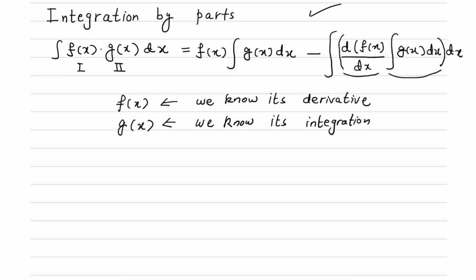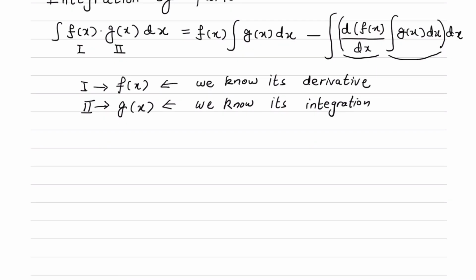So again, we are always going to call that function our first function for which we know its derivative, and that function the second function for which we know its integration. There are some specific rules for calling a function the first function and the other function the second function. When you are solving a question by integration by parts, you have to keep those rules in mind.